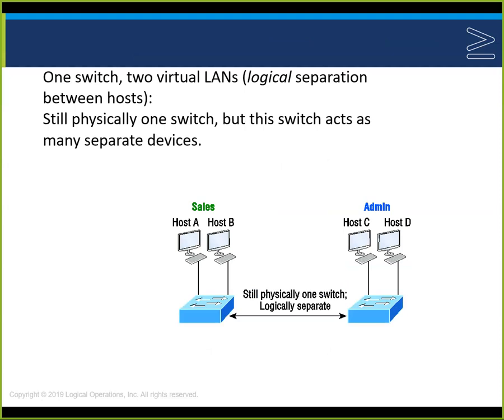When we do VLANs, which we just did in the demo, we have one switch, two virtual local area networks, a logical separation of hosts, still physically one switch. We saw that, we did the broadcast on at least one network, and it went only to the devices that were in that VLAN. Still physically one switch, but it acts as many separate switches.